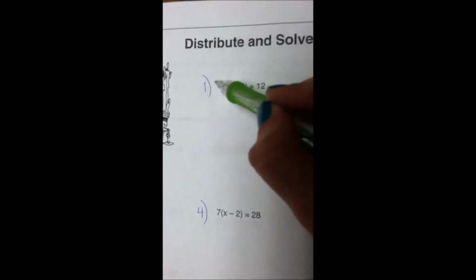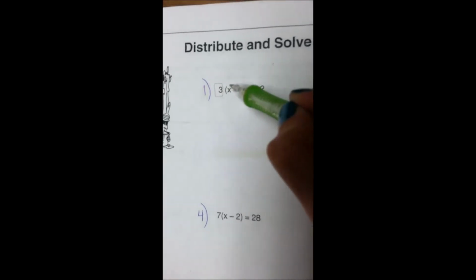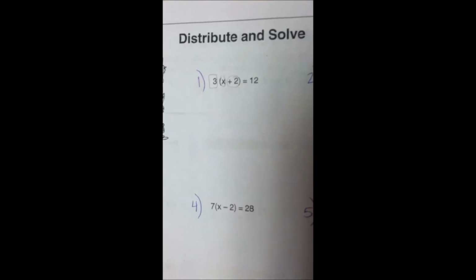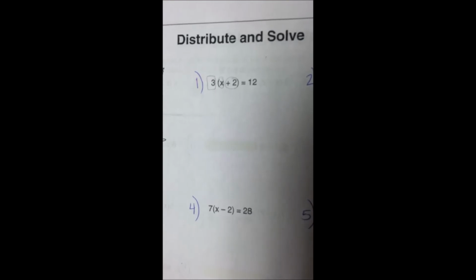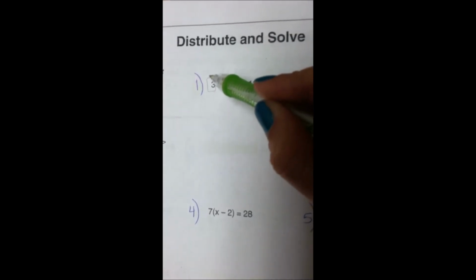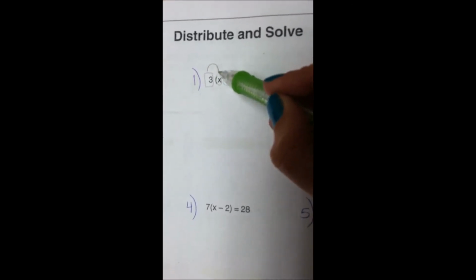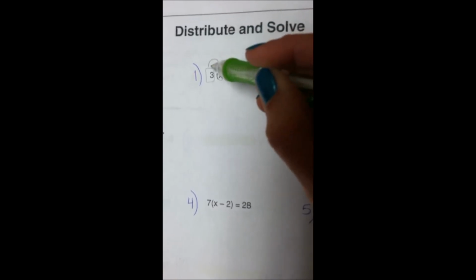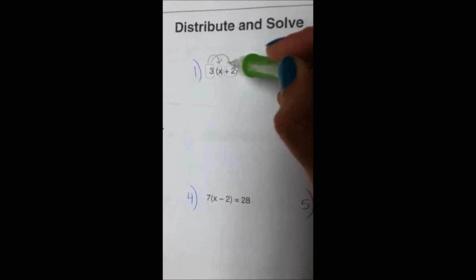You can box what's outside the parentheses and circle what's inside. And then you're going to multiply the 3 times the x, and you're going to multiply the 3 times the positive 2.